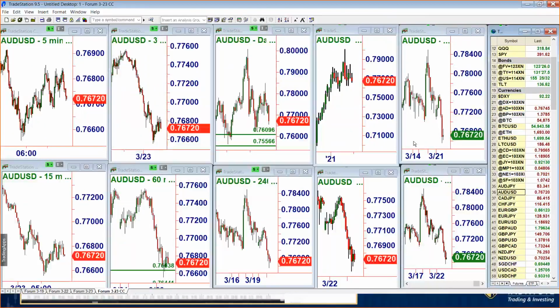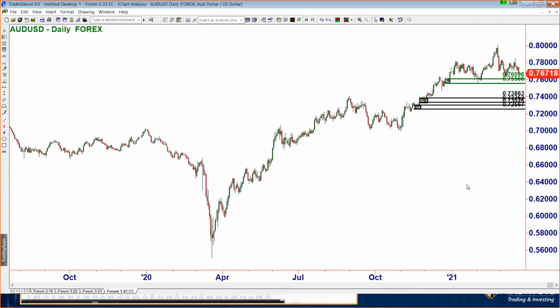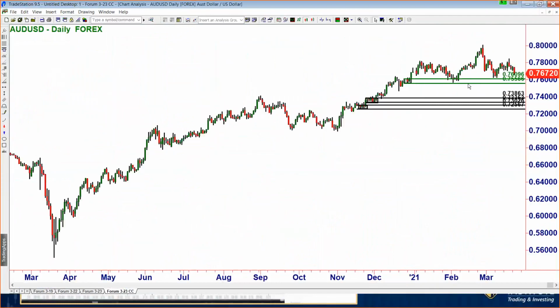Okay, so price keeps coming down to this demand zone that we have on the daily, and we probably wouldn't want to buy here again. The fresh zones are down around the 73.85 area.